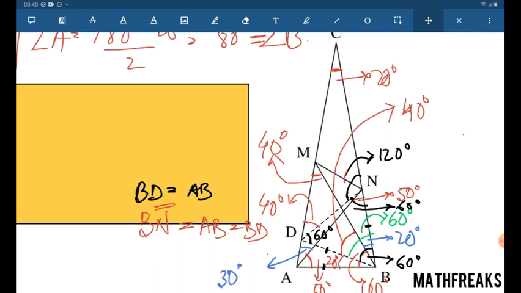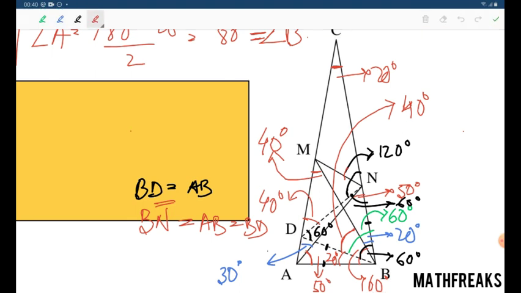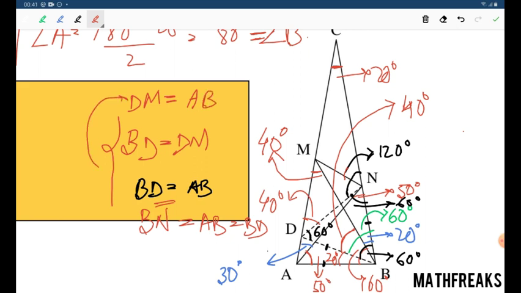So this is an isosceles triangle, which implies that BD equals to DM. Now BD equals to AB. This implies that DM equals to AB.